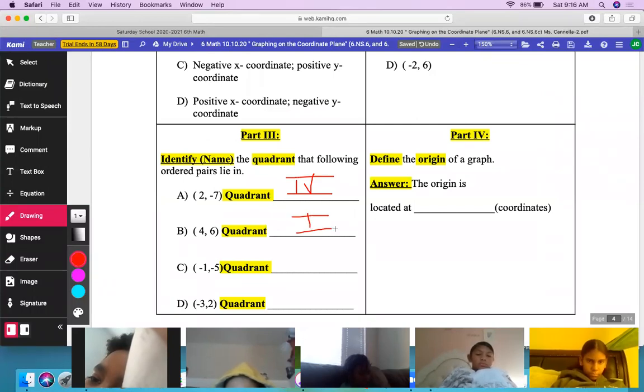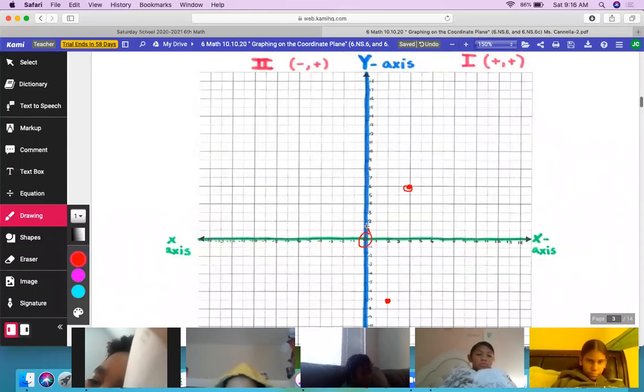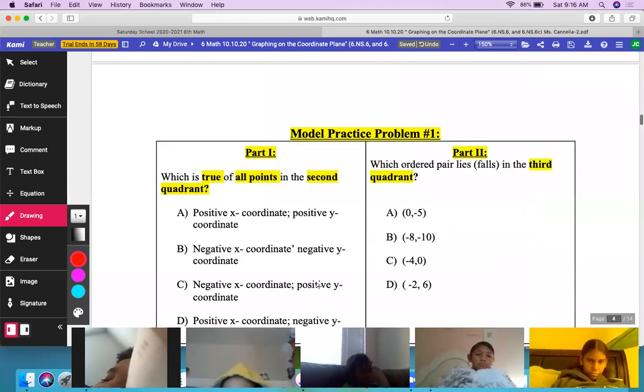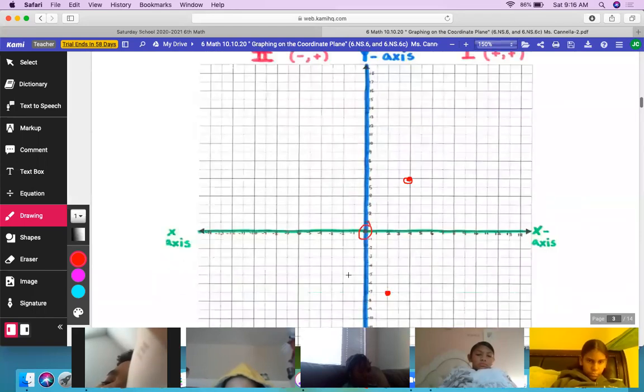Almost done. -1, -5. What do we do? Walk me through. We go to the X coordinate and the Y axis. So you start at the origin and we want to go negative.